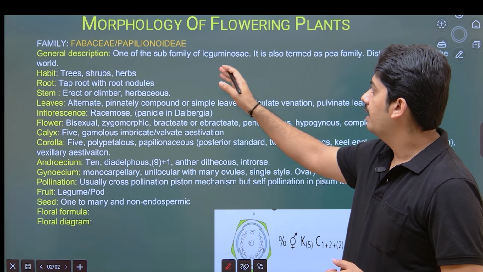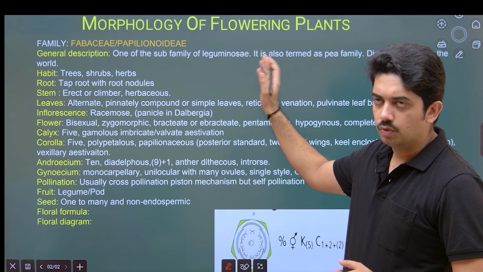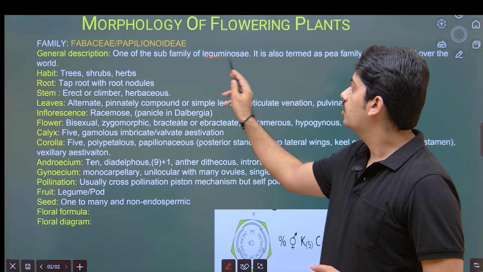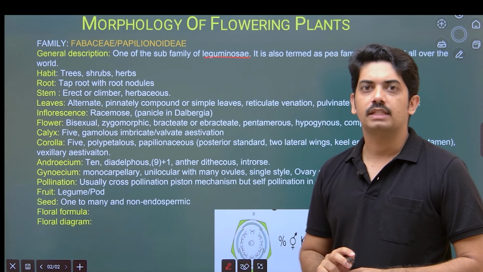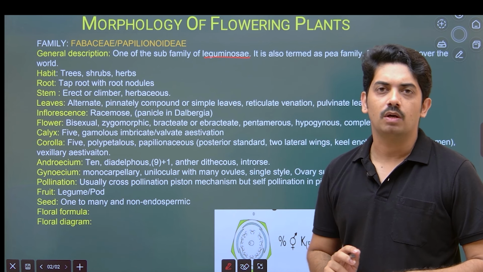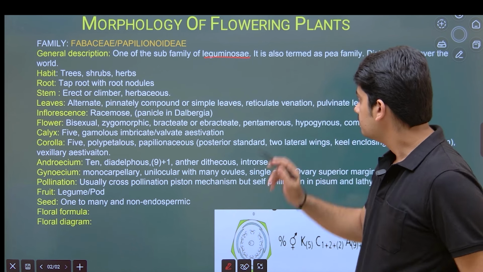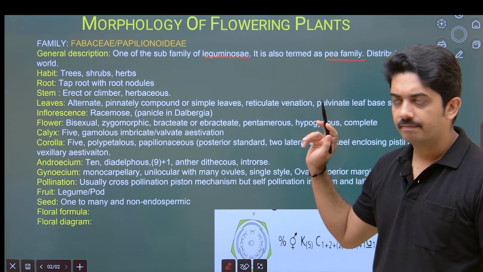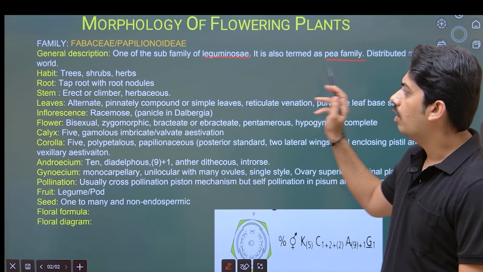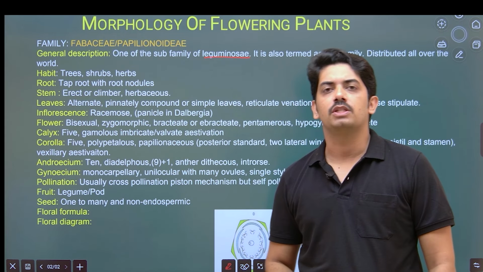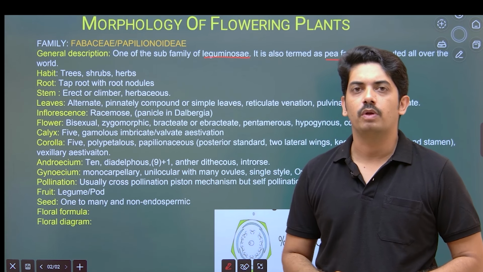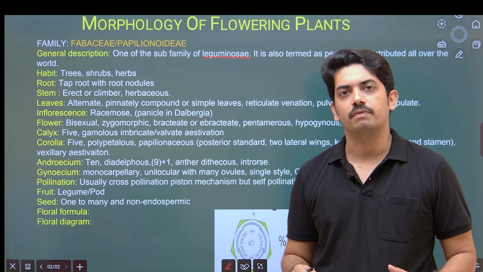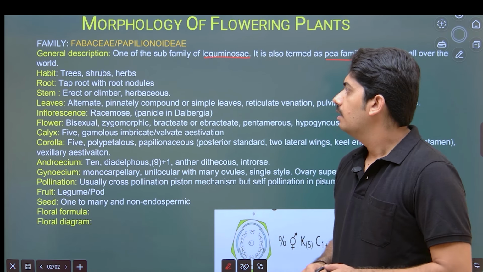One of the subfamily of Leguminaceae. This Leguminaceae is mainly because of legume fruits. That is the unique type of fruits observed in all the members of the family. It also termed as a pea family. Distributed all over the world. That means their distribution is almost cosmopolitan.